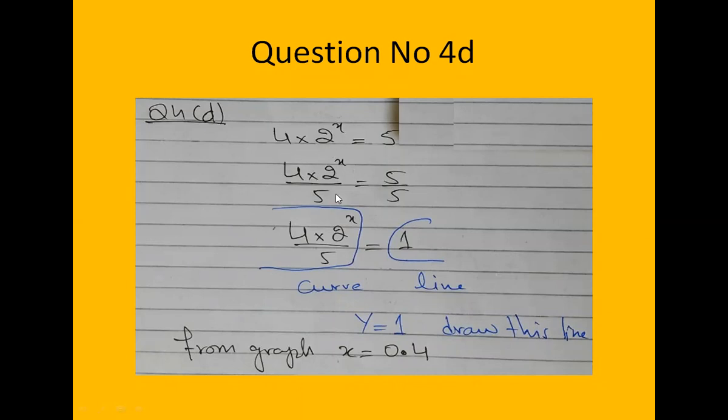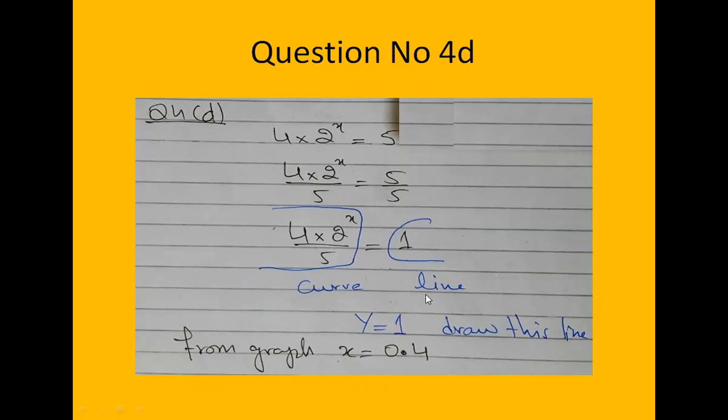The purpose is, on the left side, I want to make that equation whose graph you have already drawn. So when I divided both sides by 5, here is that expression, and on the right side I have 1. So this is the expression for that curve, and whatever you have here, you write it equals y. So y equals 1, and that will be a straight line.